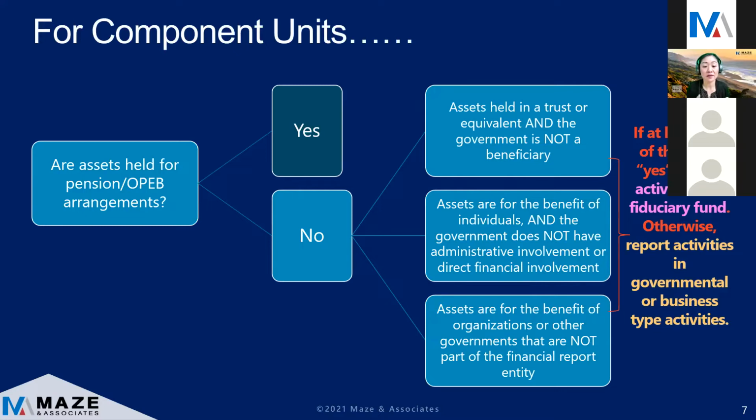Direct financial involvement, an example would be if your agency has a matching obligation, then you have a financial involvement with this type of activity. Okay, the third question is, are the assets held for the benefit of organizations or other governments that are not part of the financial reporting entity? Okay.